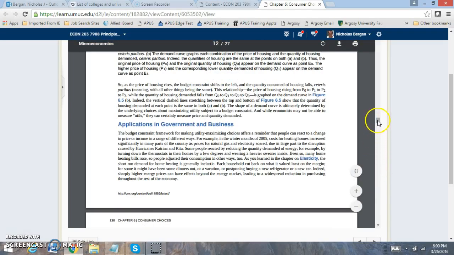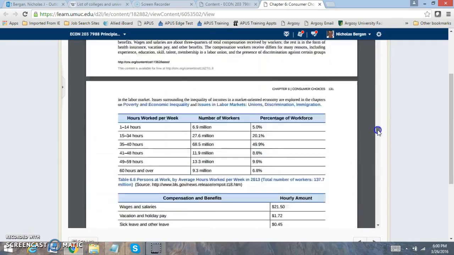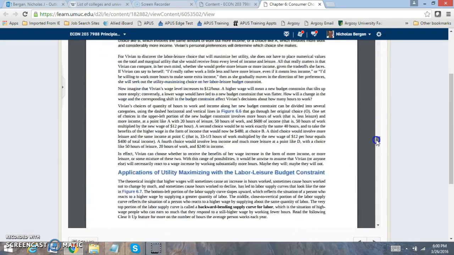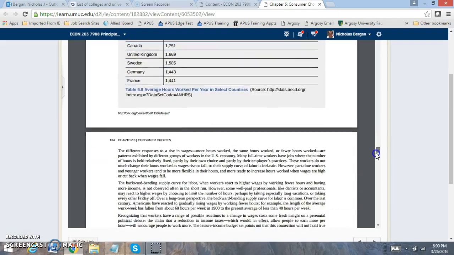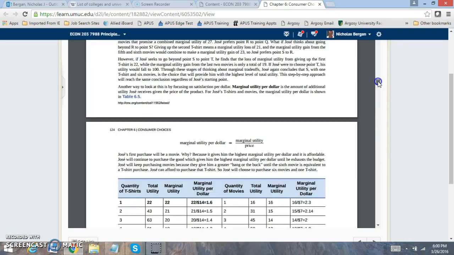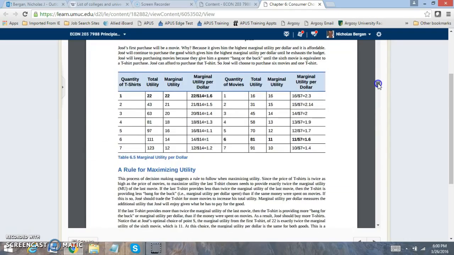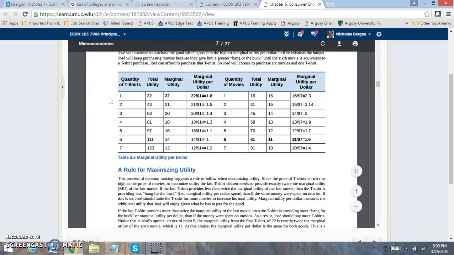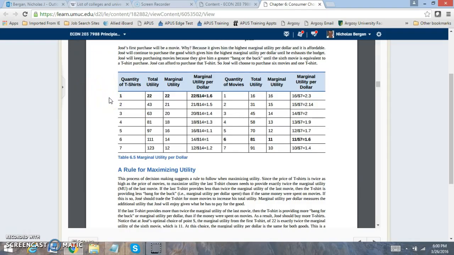Let me look at another application here. Now, you might get another example of where should we stop consuming given two goods, t-shirts and movies.